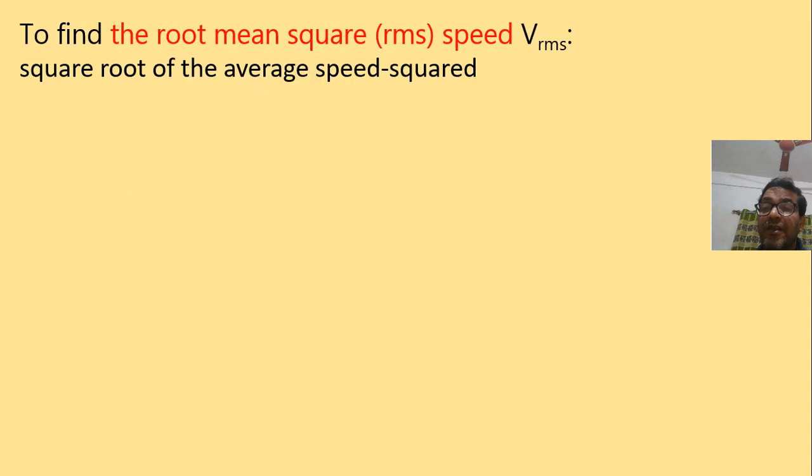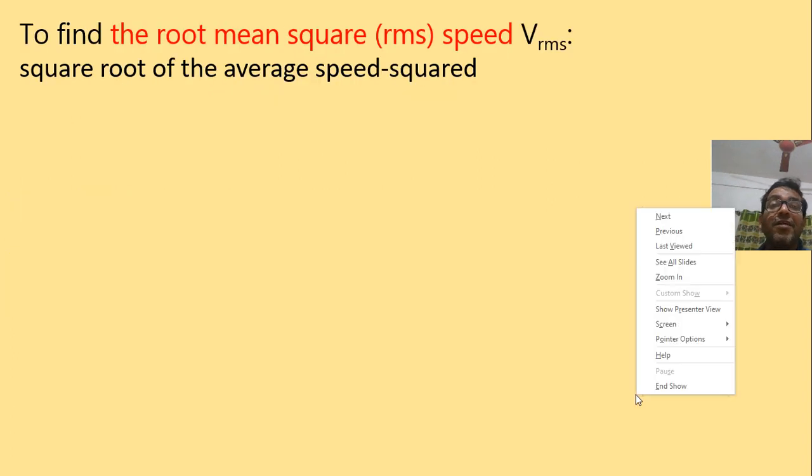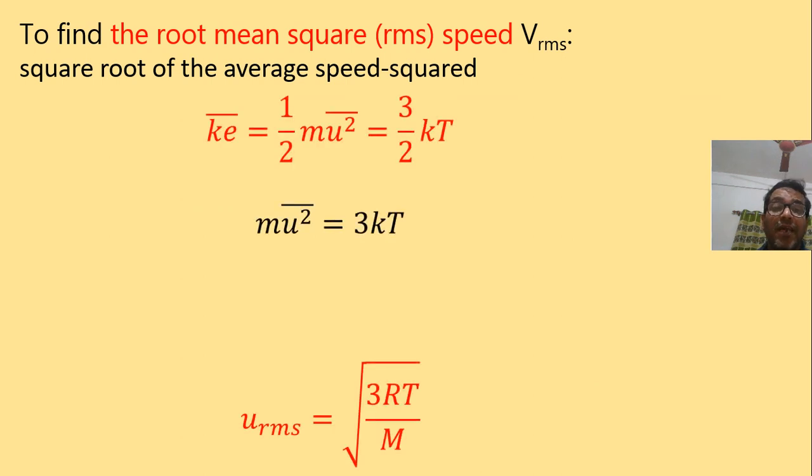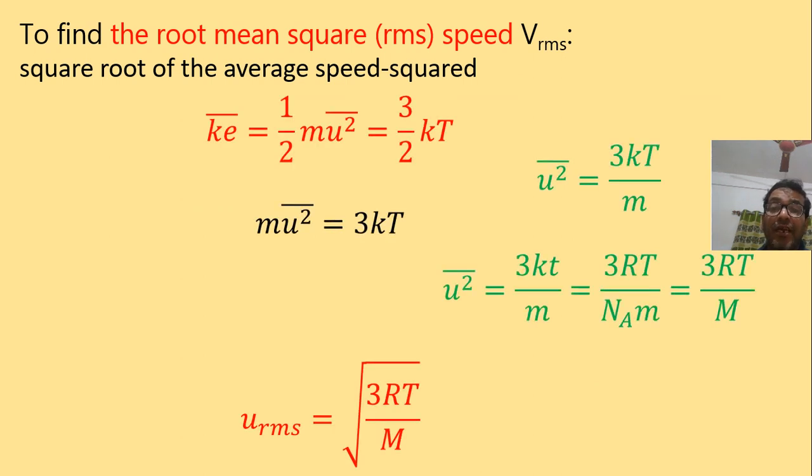Similarly we did the VRMS, which is the square root of the mean square speed, and which we can find out easily. In the green part I did the derivation, you can check this, and we get URMS equal to root under 3RT by M. Here we consider the mean square speed, and the root mean square speed is root under 3RT by M. It is also directly proportional to the square root of the temperature.